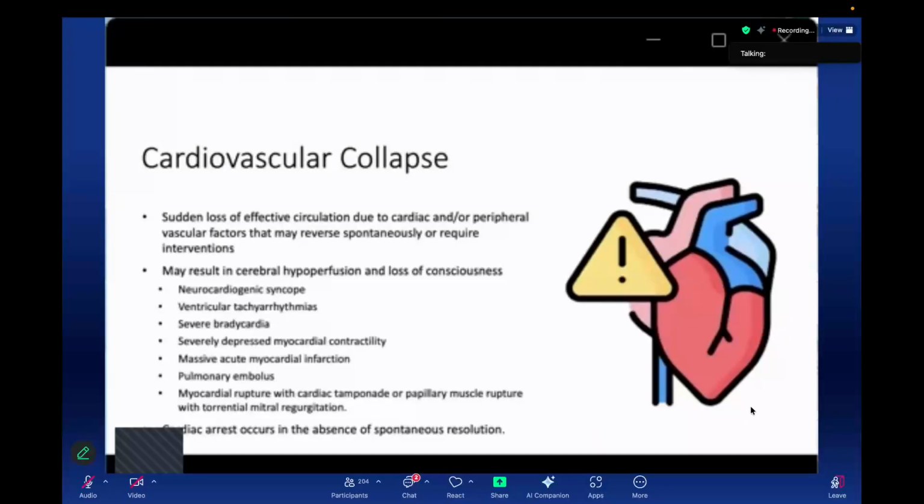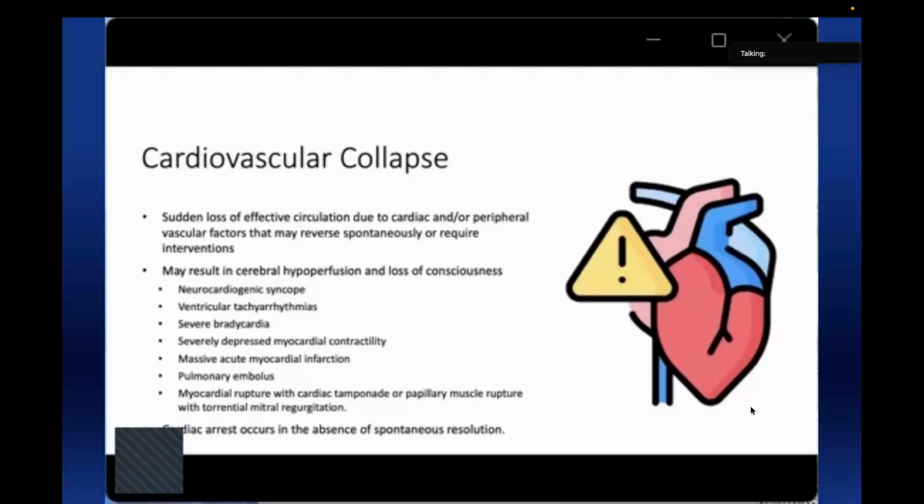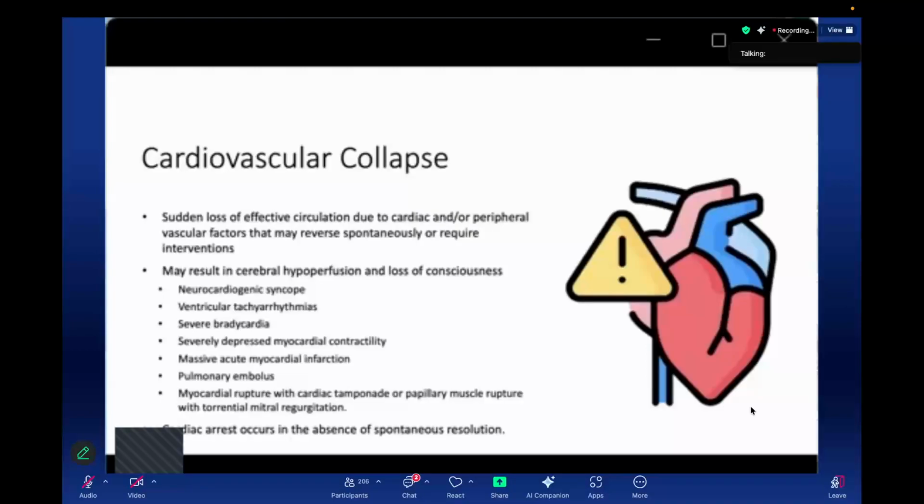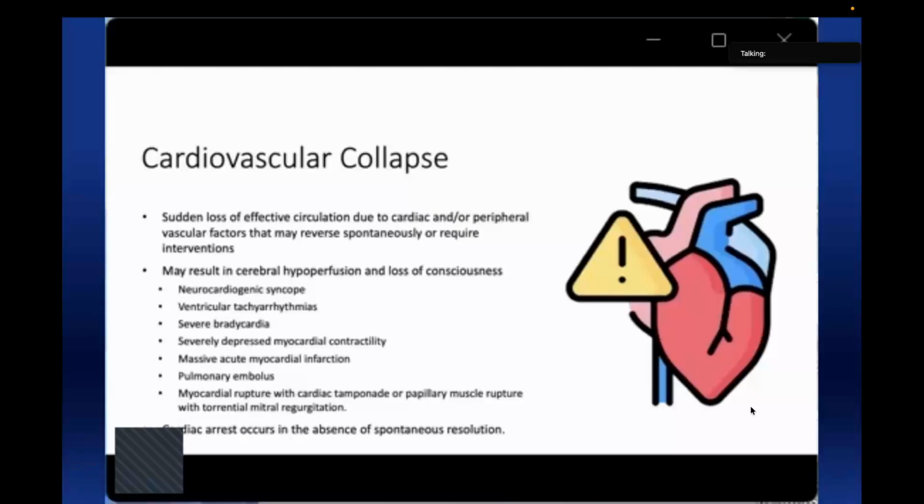Shown here: neurocardiogenic syncope, presence of ventricular tachyarrhythmias, severe bradycardia, severely depressed myocardial contractility, massive MI, pulmonary embolism, myocardial rupture with cardiac tamponade or papillary muscle rupture with torrential mitral regurgitation. These can cause cerebral hypoperfusion and loss of consciousness, and can have cardiovascular collapse.